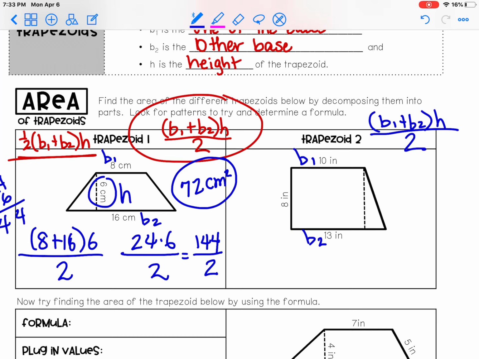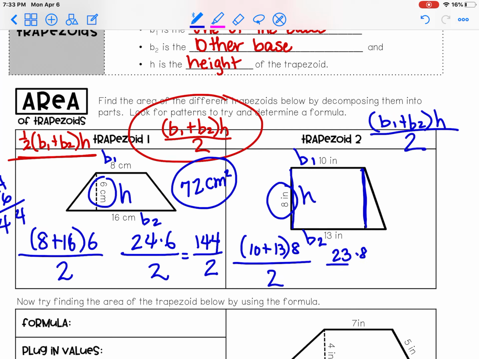And then the height is always the distance between the two parallel bases. So this will be our height. Let's plug those into the formula. We'll say 10 plus 13 times 8 divided by 2. 10 plus 13 is 23.